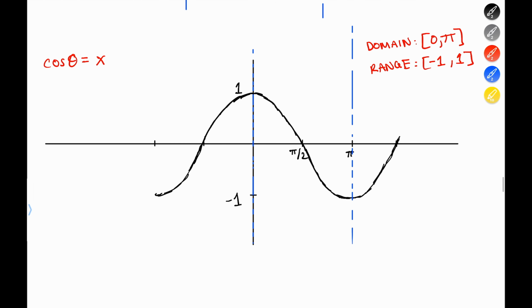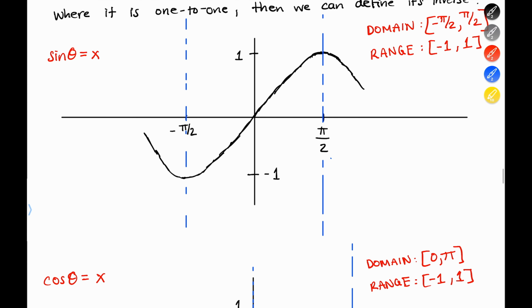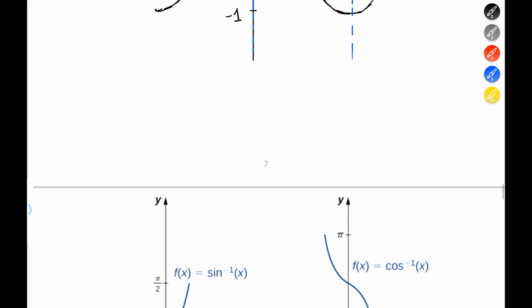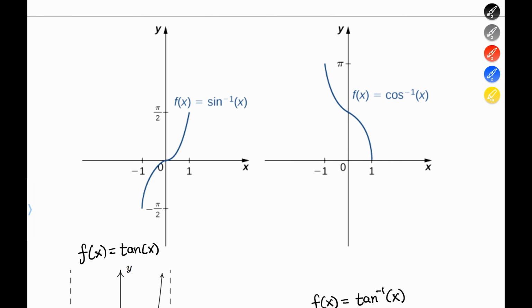We have a similar case with cosine theta. Before, in the sine graph, we had the interval from negative pi over 2 to pi over 2, but with cosine theta we go from 0 all the way to pi, and there we have this one-to-one segment. So these are the graphs of the inverse functions of sine theta and cosine theta.